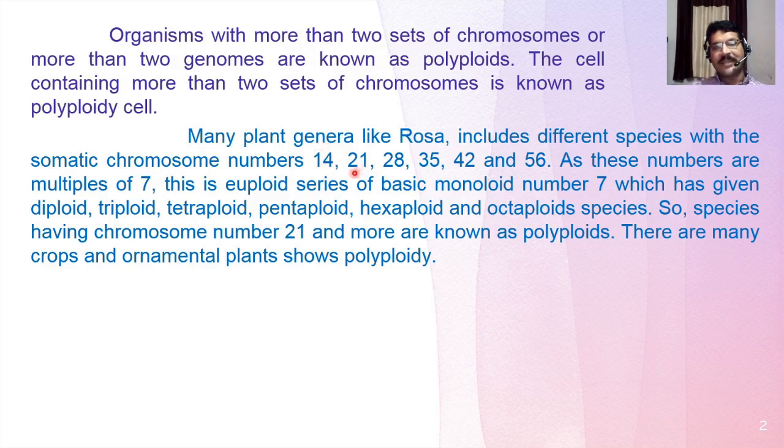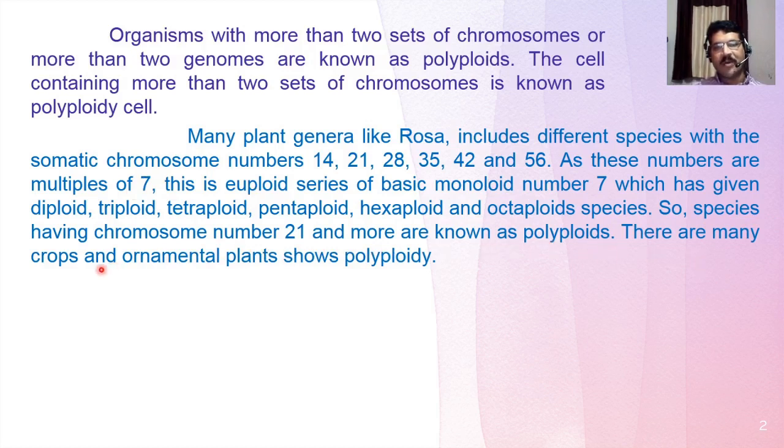And the species from 21 onward contain 3 sets, 4 sets, 5 sets, 6 sets, and this particular species contains 8 sets of chromosomes. So starting from 21 to 56, all these are polyploids, 14 is the diploid number, and 7 is the monoploid or haploid number. Species having chromosome number 21 and more are known as polyploids.